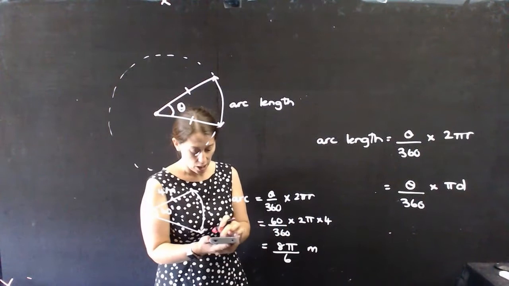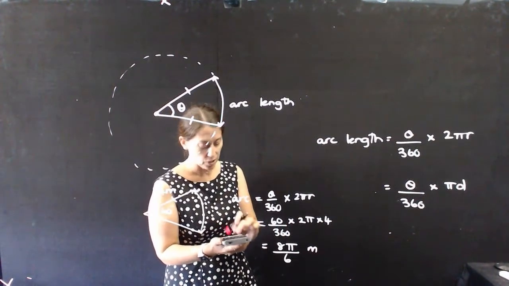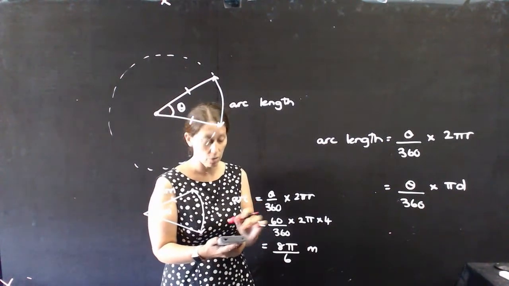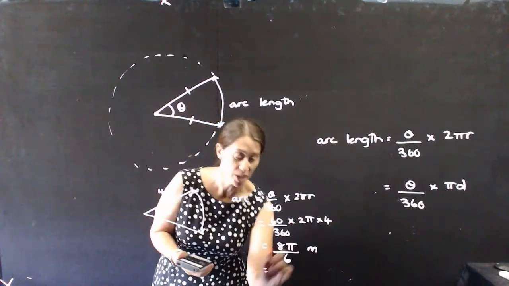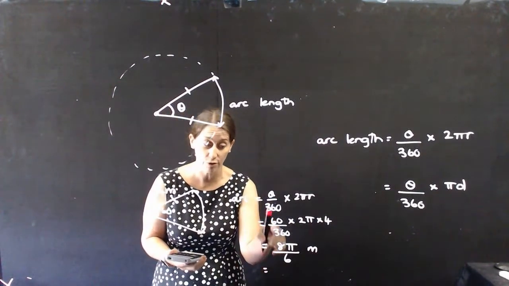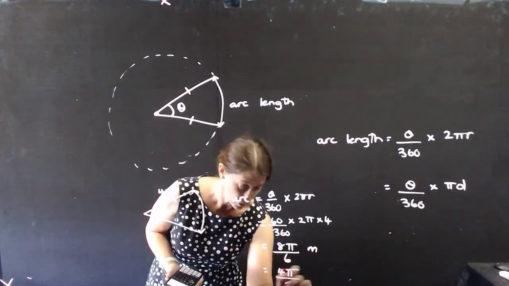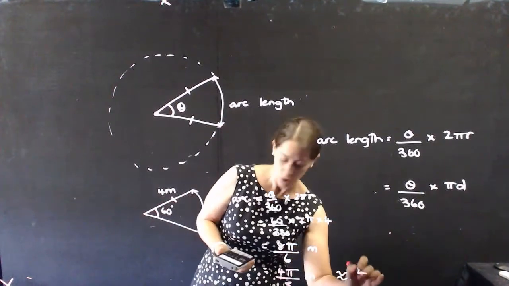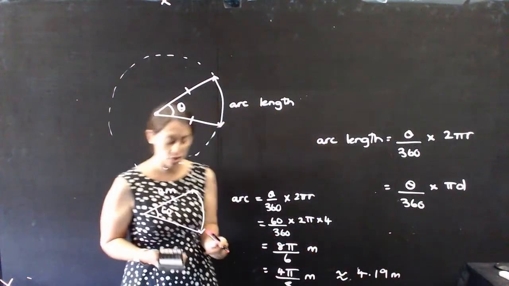I find the pi button, and, oh, hang on a sec. That's not its most simplified, is it? So I'm working it out as a decimal, and I'm realizing that that can also cancel down to 4 over 3 pi as its simplest form, in meters, but that's approximately equal to 4.19 meters, correct to 2 decimal places.